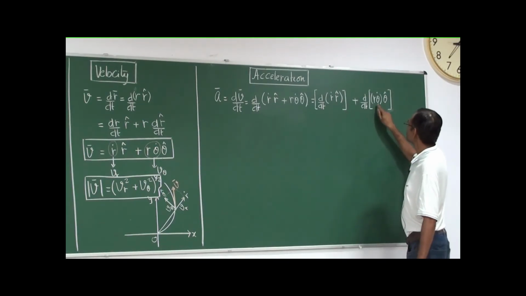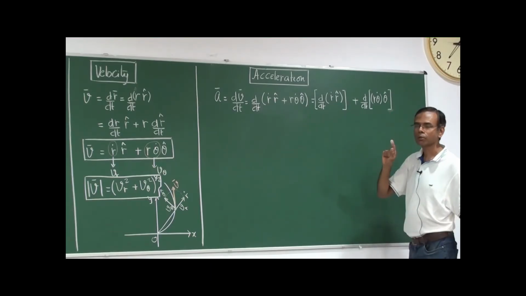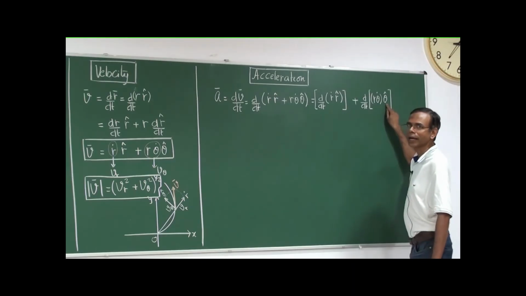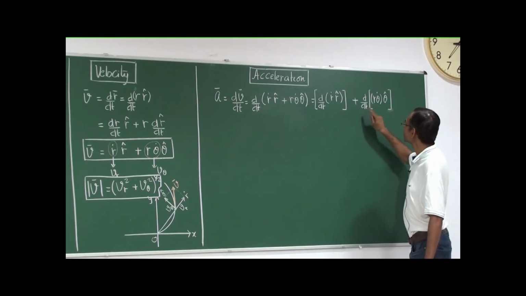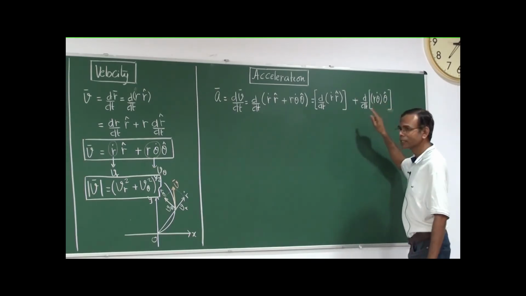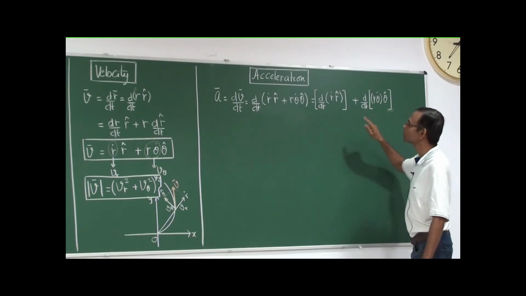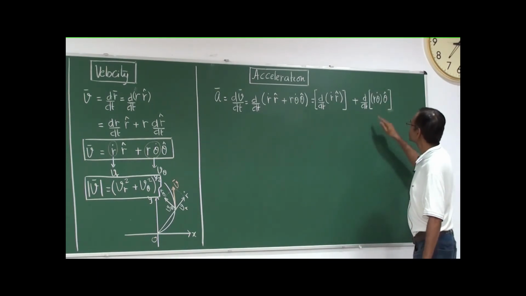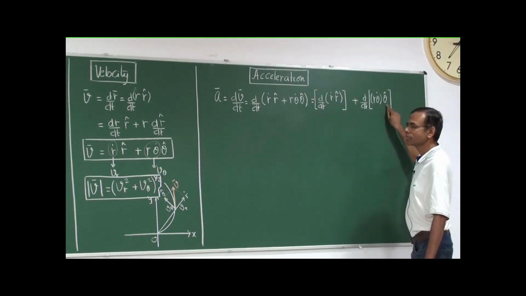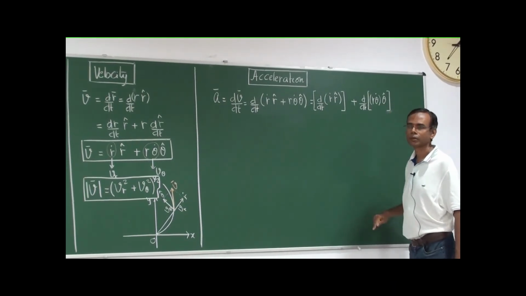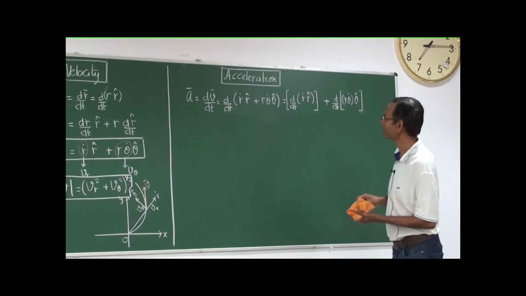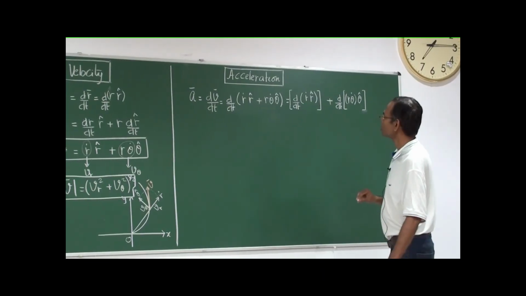The tangential part consists of three: r, theta dot and theta cap. So the acceleration along the tangential part of the velocity can come because of the change in r, change in theta dot and change in theta cap direction. That is the most important thing to understand for the expression for acceleration.